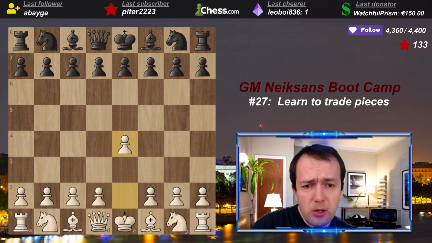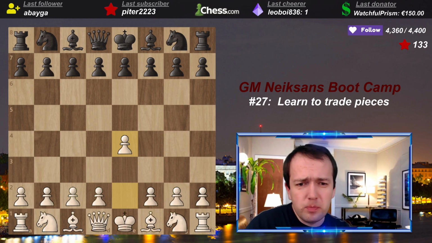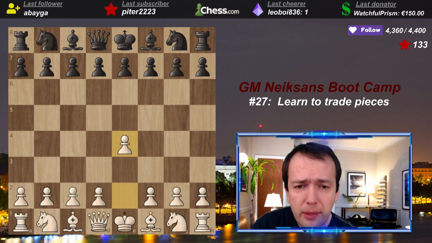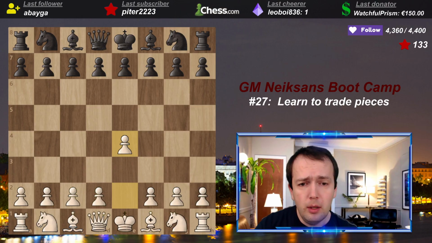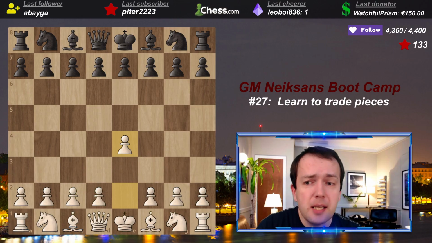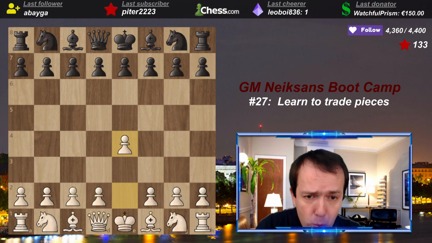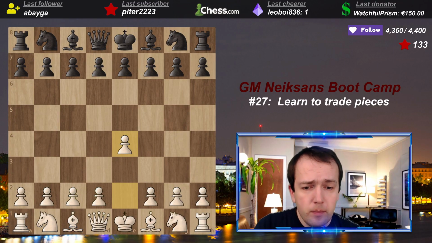Yeah, GM500 lost the game. It's not really that important. I wanted to show this example, right? That knowing how to properly trade pieces is extremely important. And experienced players against lesser experienced players, they use it against you all the time.